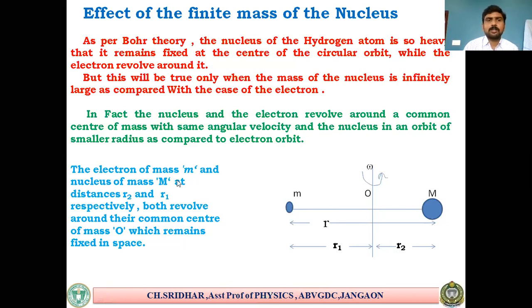The electron of mass small m and the nucleus of mass capital M, at distances r1 and r2 respectively, both revolve around their common center of mass O, which remains fixed in space.